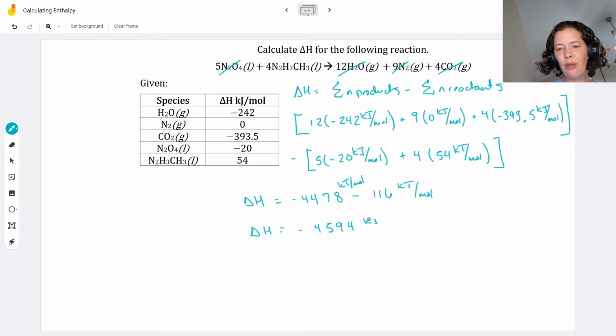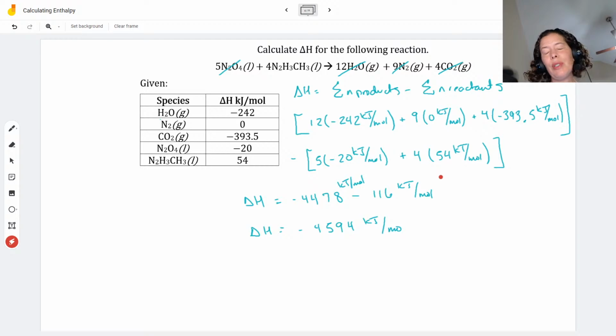And so then I get a final delta H of negative 4,594 kilojoules per mole. Yes, don't drop your units, because if you have done heating curve problems, those problems almost invariably give you unit mismatch, where you've got some heats in joules and some heats in kilojoules.